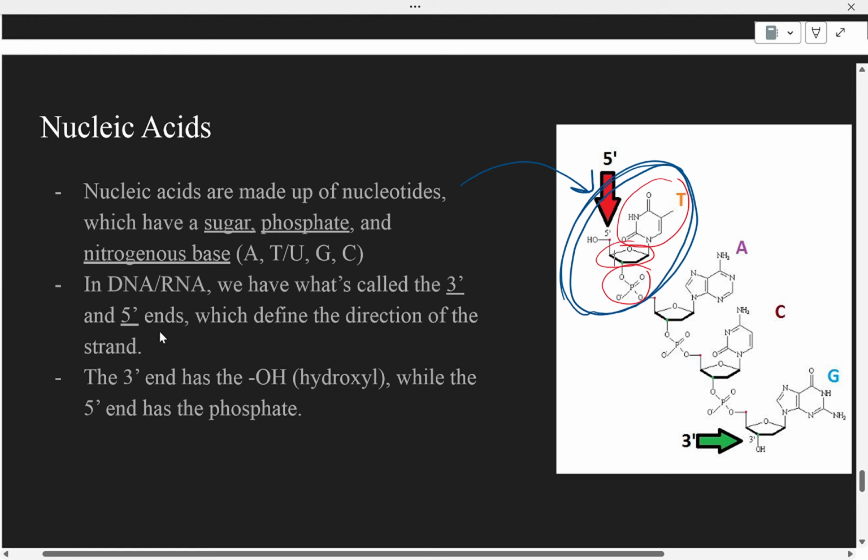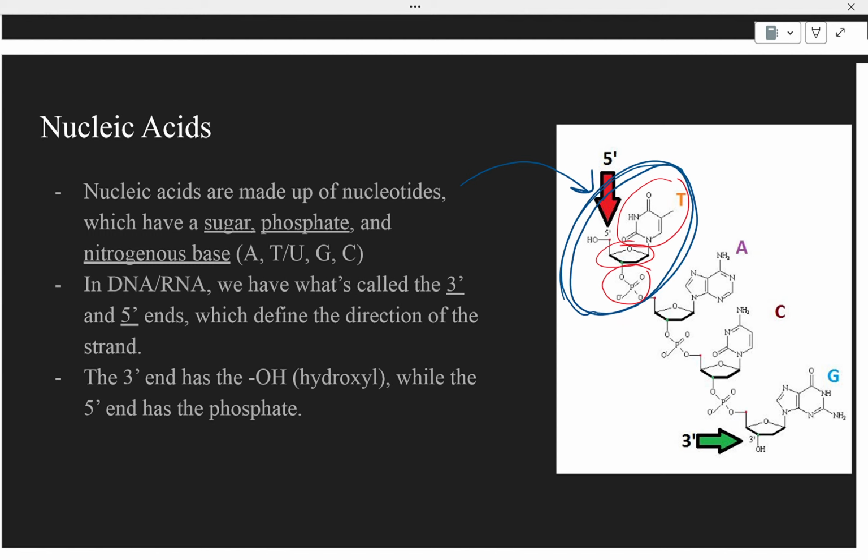And then quickly, let's talk about 5' and 3'. So in DNA and RNA, we have what's called 3' and 5' ends, and this is what helps us orient the strand in the correct direction, so that we don't flip it by accident and don't know what order we're looking at the DNA in.